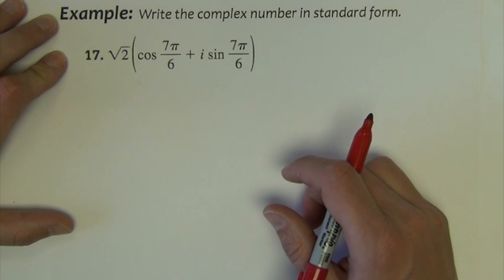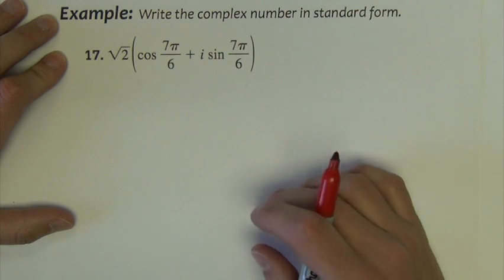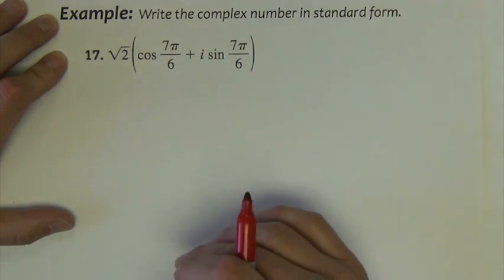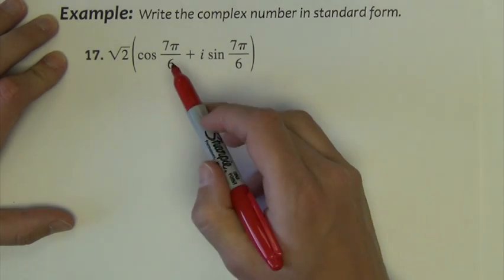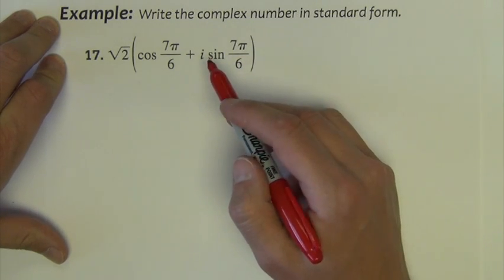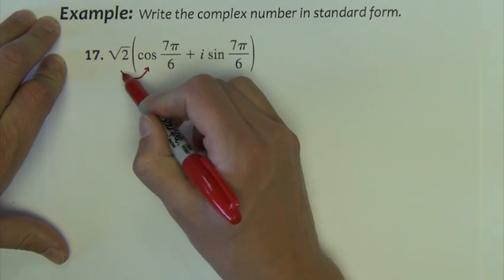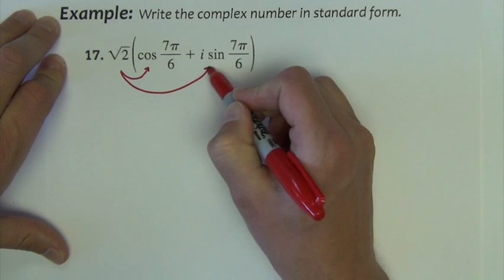The last slide showed us how to get to trig form of a complex number if we were given standard form. This one's actually asking us to do the exact opposite of that. Here we have trig form of a complex number. We want standard form. It's actually much easier to do. We're just going to distribute this r value.